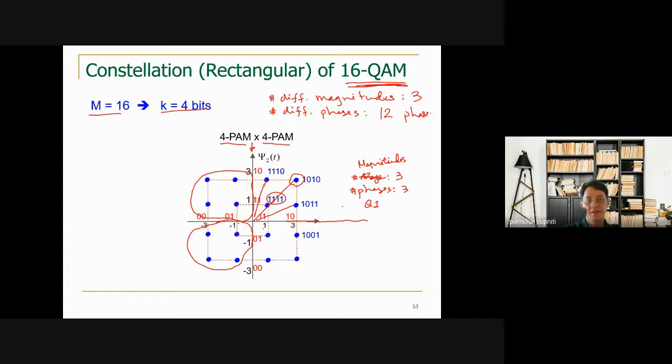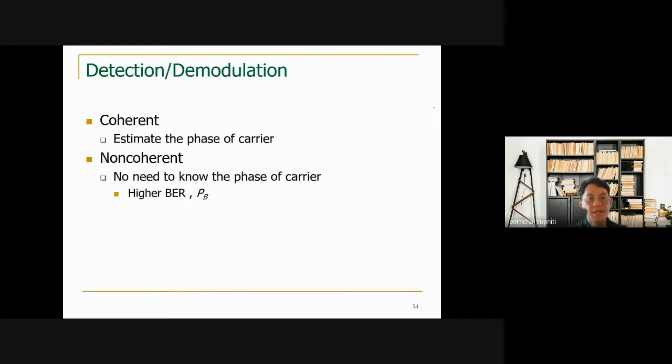phases. If you draw the signals in time, this is what you will see, but we will see it later when we look at Simulink. I forgot to send you the Simulink demo today, but let me do it after this. So this is 16 QAM. It's almost 10 already.